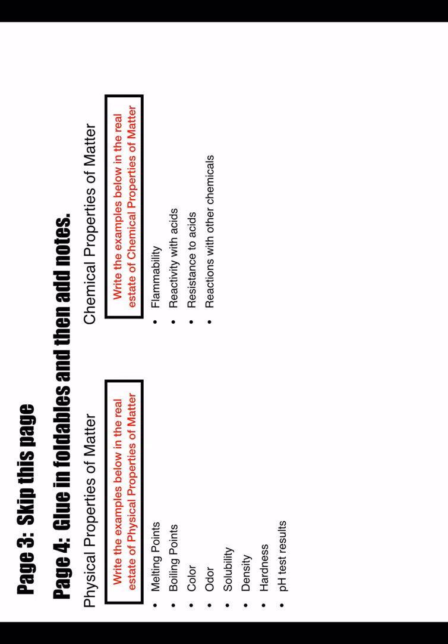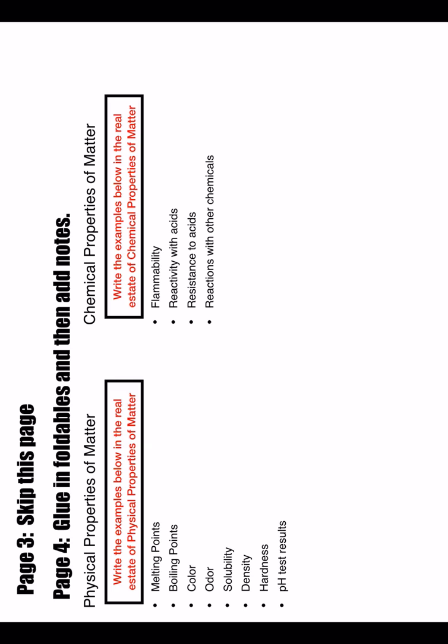Density is mass divided by volume. Solubility is the amount of solid or solute that dissolves in a given amount of solvent or the liquid that it's dissolving in, or could be even a gas that's dissolving in another gas. Hardness is a test that you mainly would use in a geology class where you're testing rocks to see how hard the rock is in order to identify what type of rock it is.